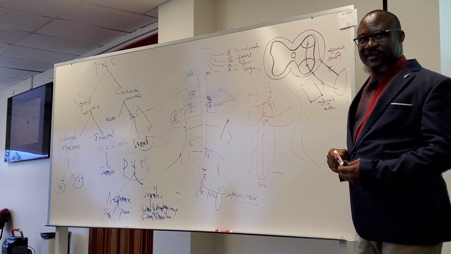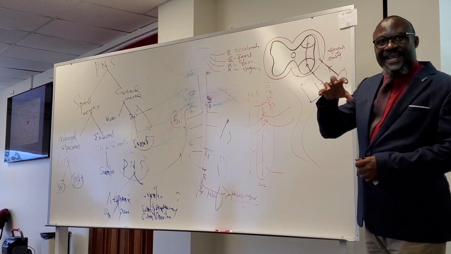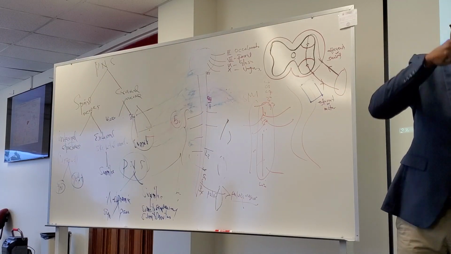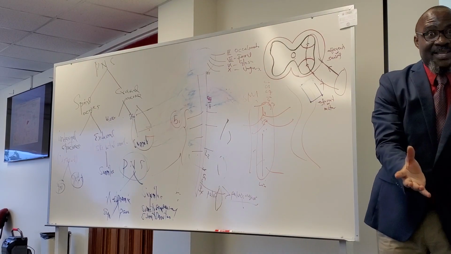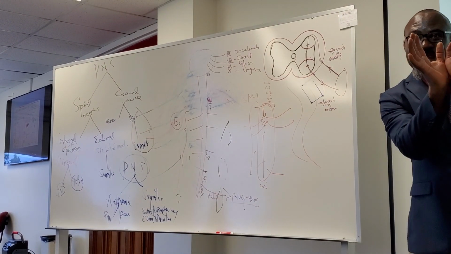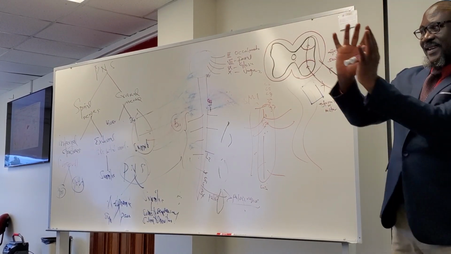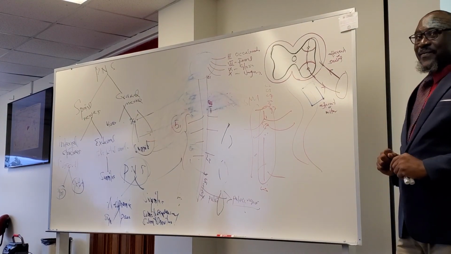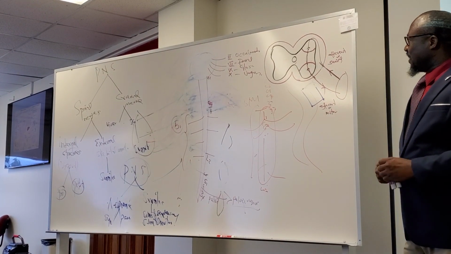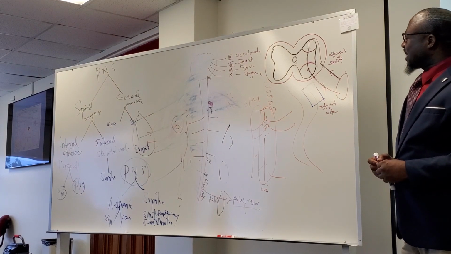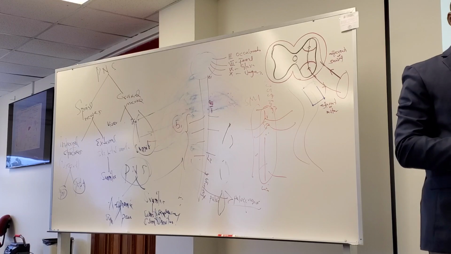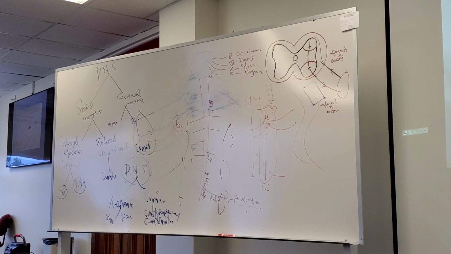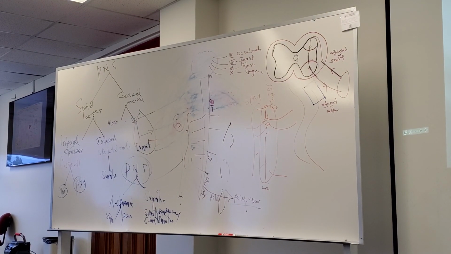Does that make sense? So the gray matter is important, so we don't look at it holistically. It's important we look at the horns separately in terms of fiber tracts. So, sensory fiber. Can sensory fiber be found in the ventral horn of the gray matter of the spinal cord?